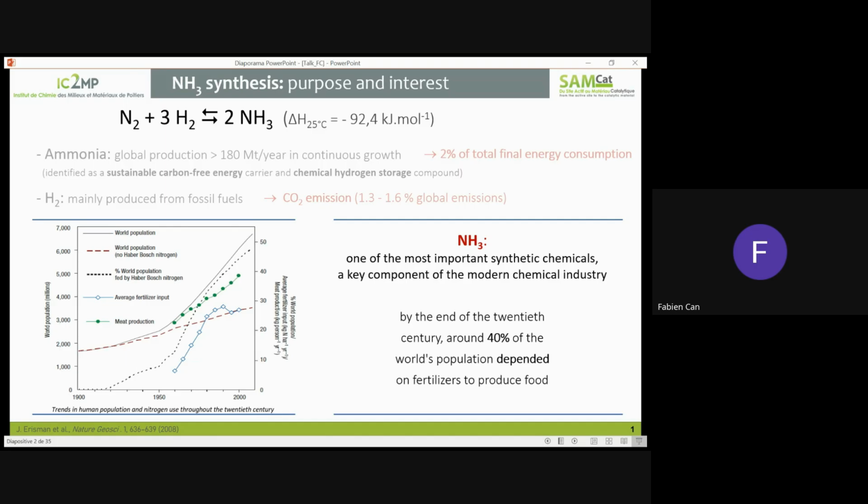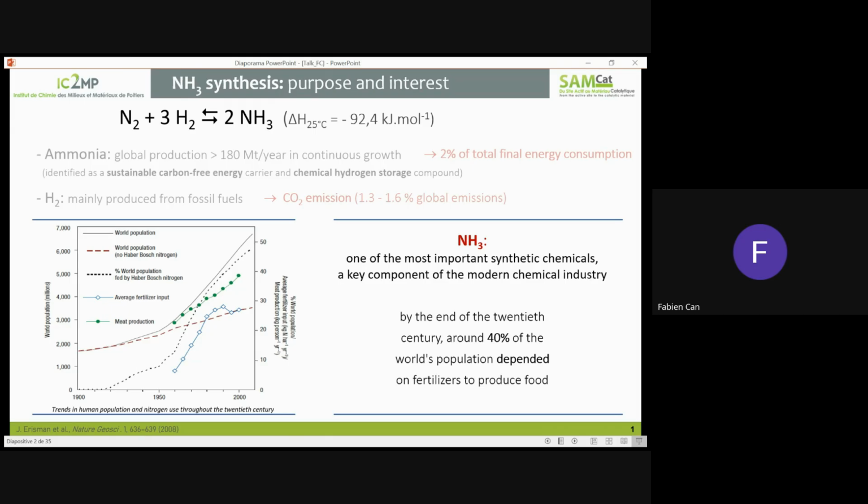The black dashed line reports the percentage of the world population fed by the Haber-Bosch nitrogen process. To conclude from this figure, by the end of the 20th century, around 40% of the world population depended on fertilizers to produce food.